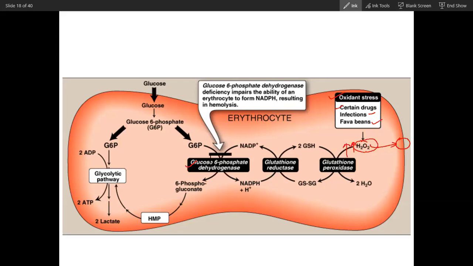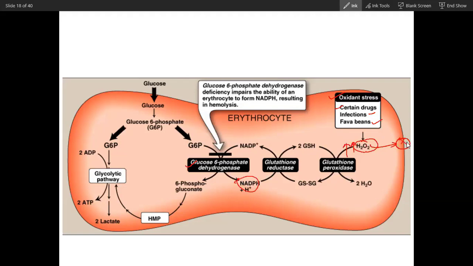More free radicals means more demand for NADPH. If this enzyme is, let's say, 80% absent, only 20% present, this step will not be able to supply NADPH.